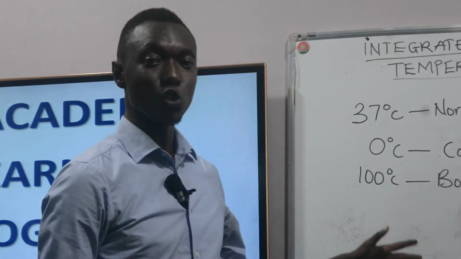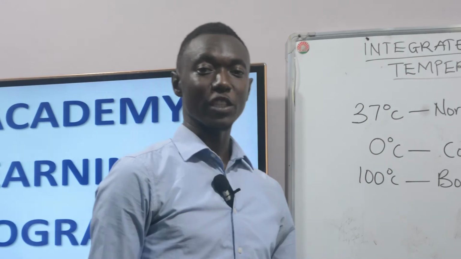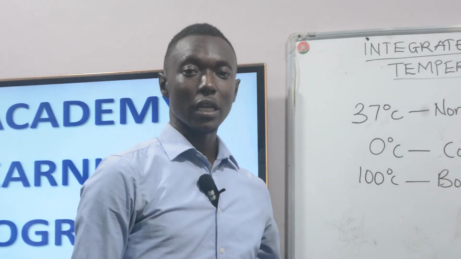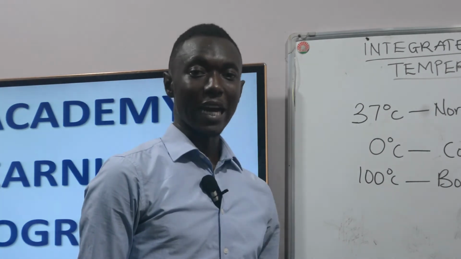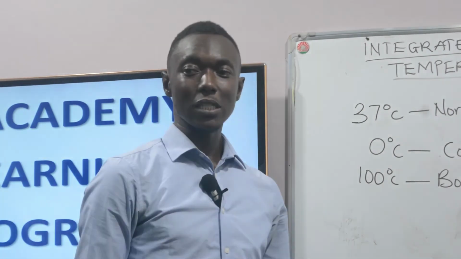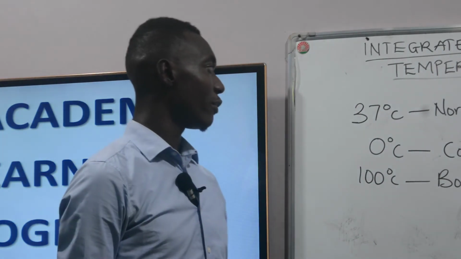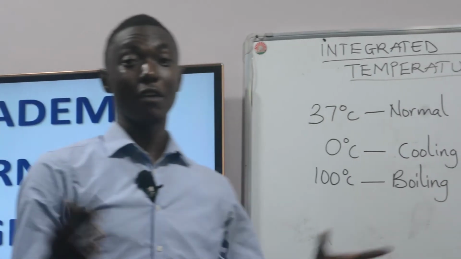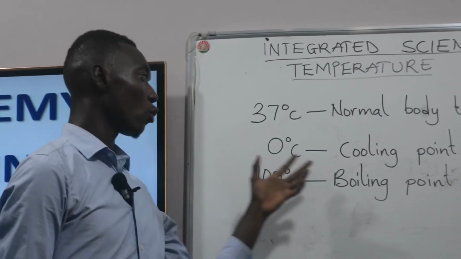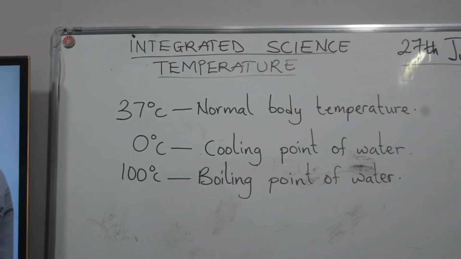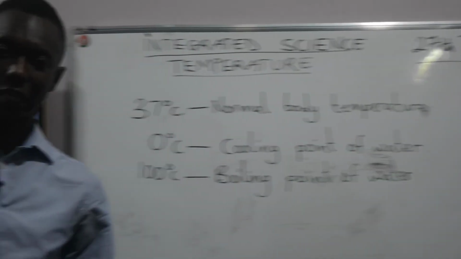That brought us to the units for measuring temperature, being Celsius scale, Kelvin scale, Fahrenheit scale. We looked at the short way to write these units. We've also gotten to know the normal body temperature of every human, the cooling point, and then the boiling point of water.